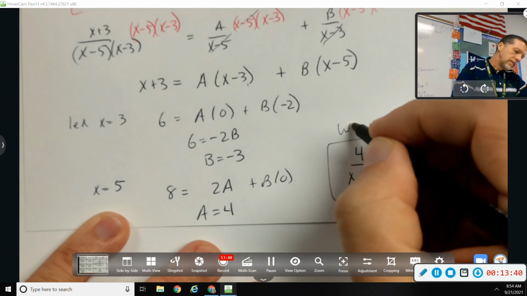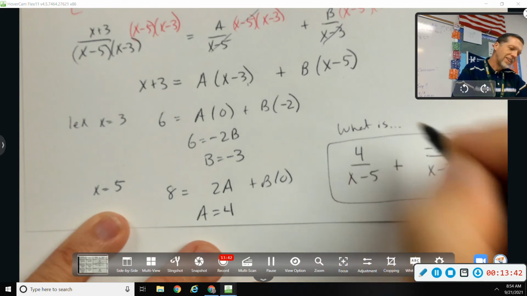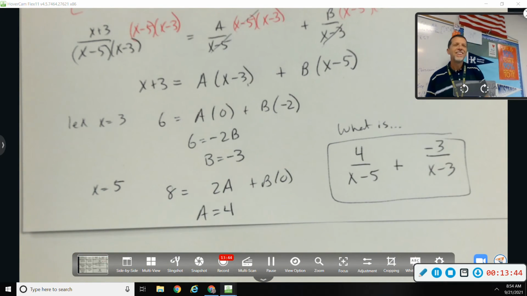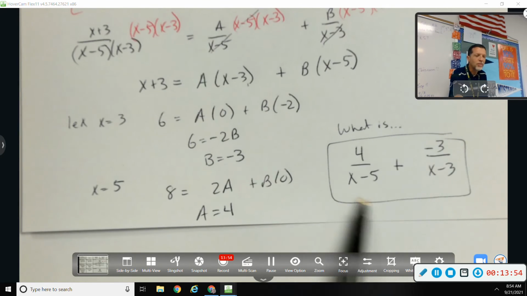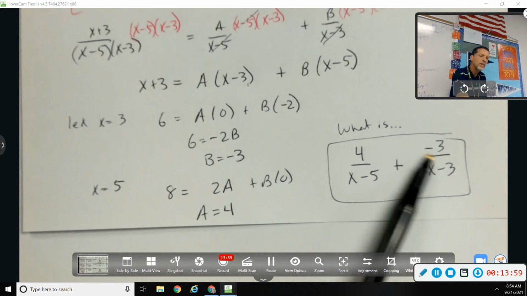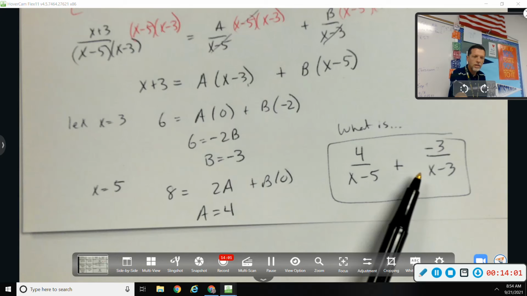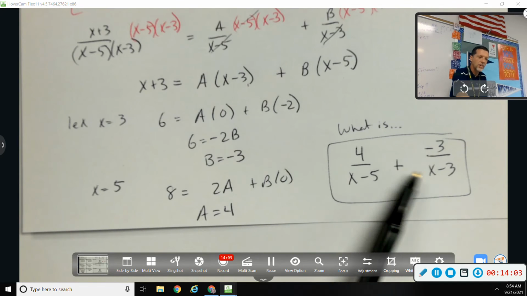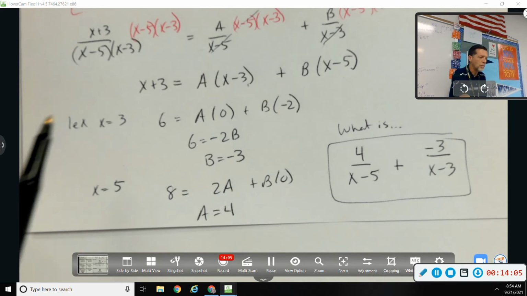You don't have to put the "what is," but it does emphasize that this is kind of a Jeopardy type of question where we give you the answer, and you have to do some work to undo it. This was the question. And again, if you really wanted to, you could get a common denominator, add those, and you should get back to what we started with.